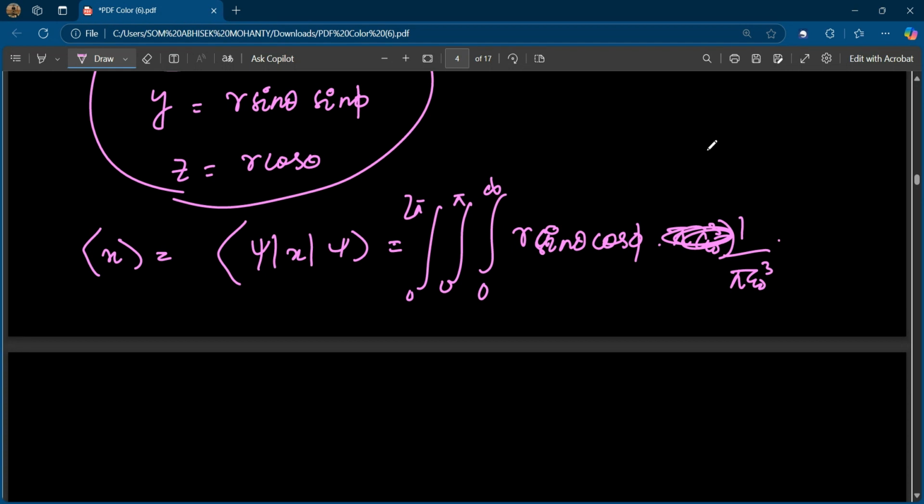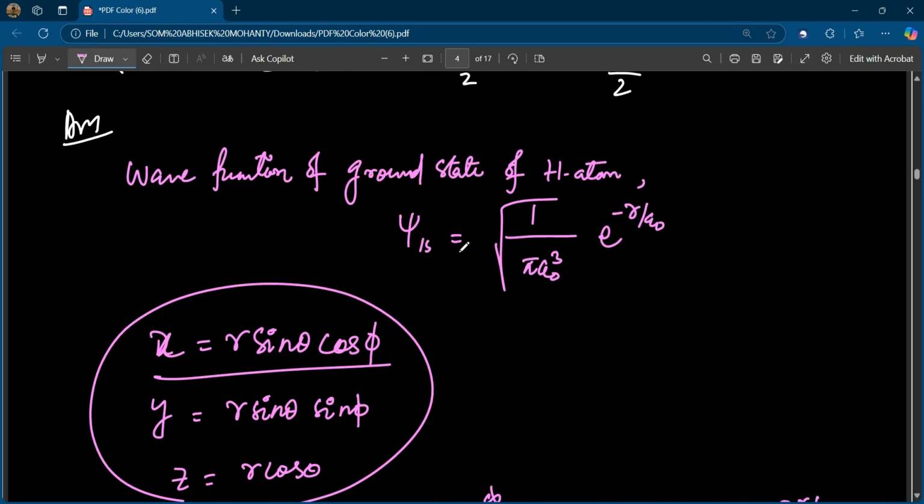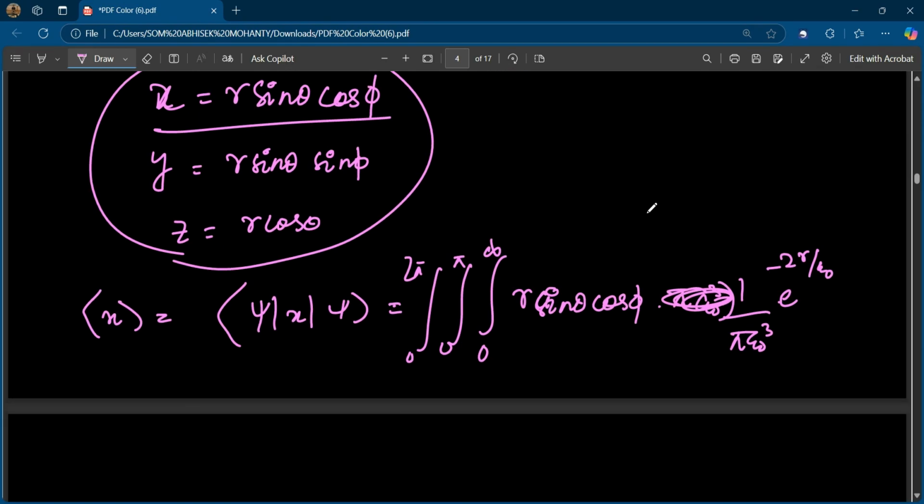E to the power minus 2r by a naught again. Why 2r? Because psi is squared, so the root goes out and this becomes minus 2r by a naught. And your usual terms, r square sine theta dr d theta d phi.